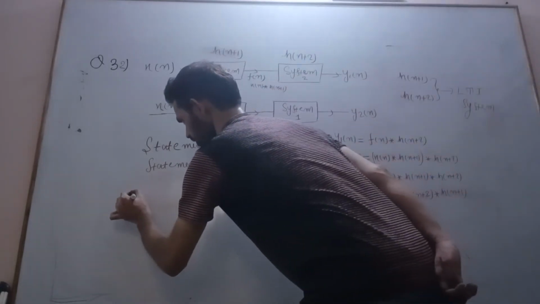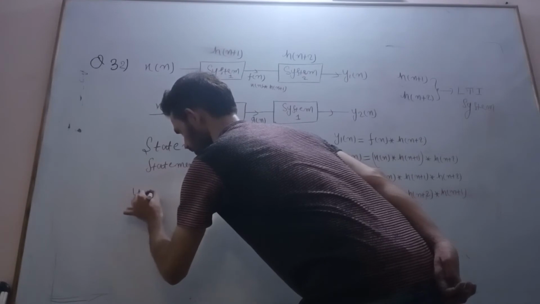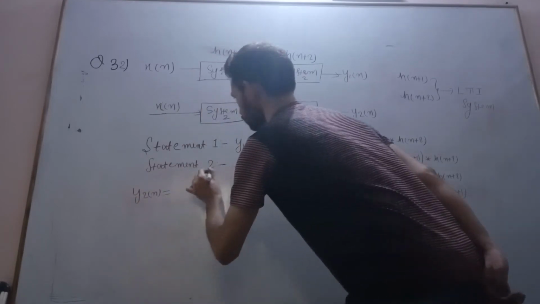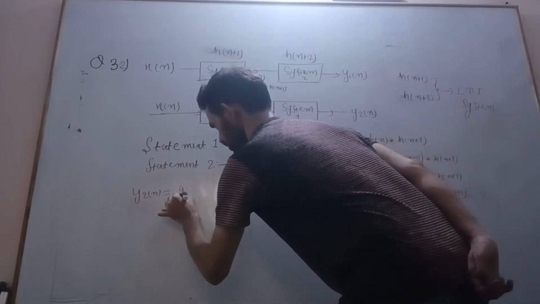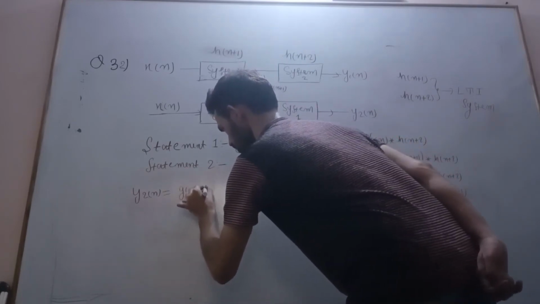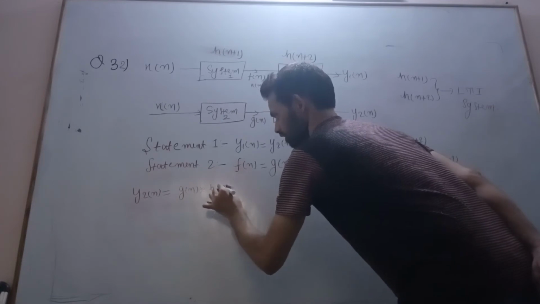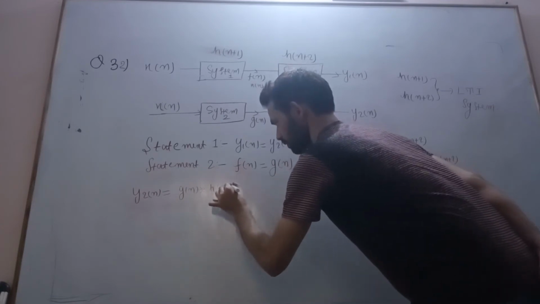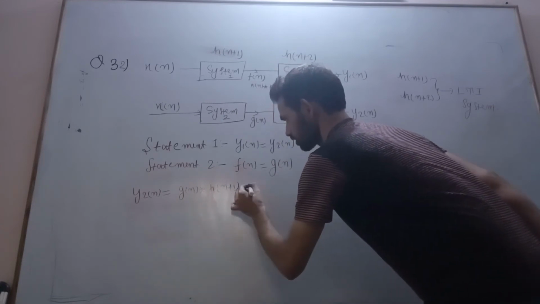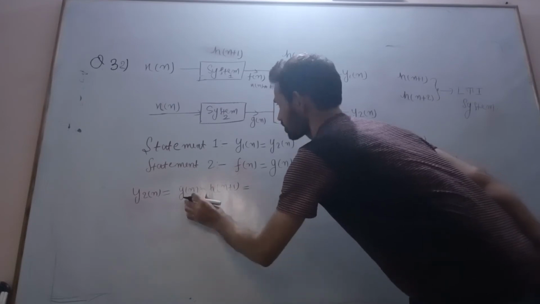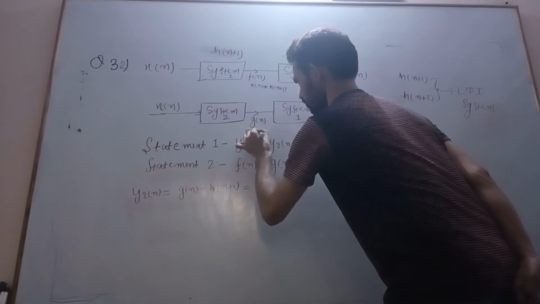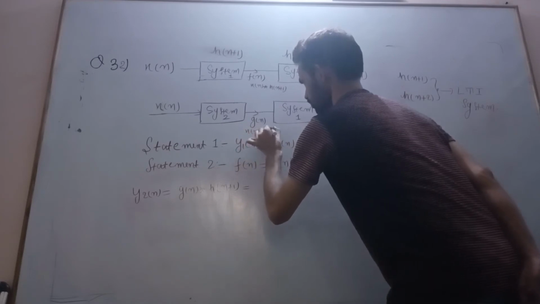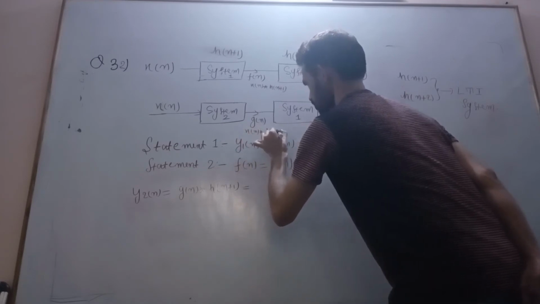Similarly, if you see here y2 of n, y2 of n is equal to what? Here is g of n convolution h of n plus 1. Okay, so g of n is nothing but x of n convolution h of n plus 2.